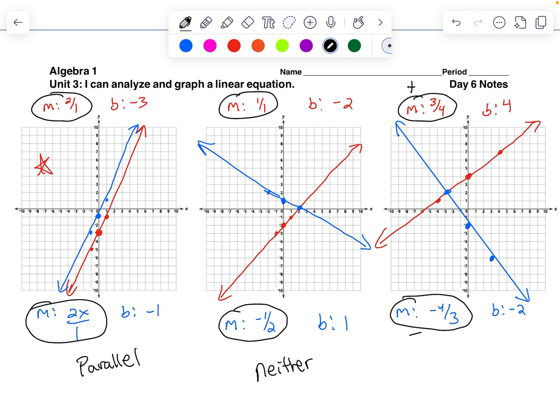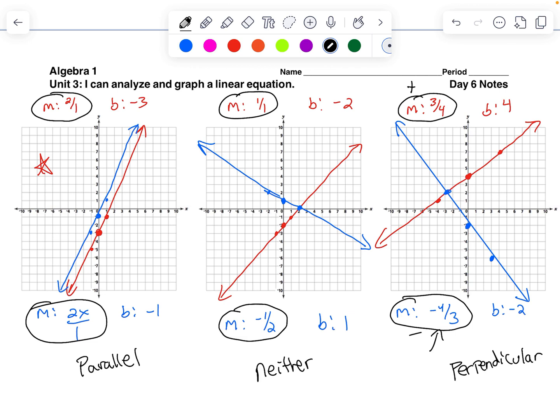Now let's see if they have the reciprocal. The top one is 3 over 4. If I were to flip that, I would get 4 over 3. If I look down here, I have exactly that, 4 over 3. So they are opposites, meaning one's positive, one's negative, and they are the reciprocal of each other. So these ones are perpendicular lines.